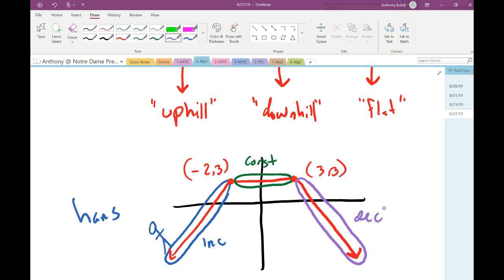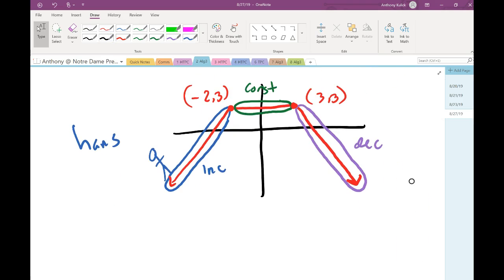Everybody okay with that idea? Visually, we kind of get what I mean by increasing, decreasing, and constant. So again, the key is remembering you're looking at the graph as you're moving from the left to the right. So just like you're reading a book, your little mountain climber, your little man, walks along the graph, starting on the left side and going to the right side. If you prefer a woman, you can draw a woman. Or an ambiguous gendered person, that's fine too. Or an animal. Whatever you want to think of walking along the graph, you can have walk along your graph.